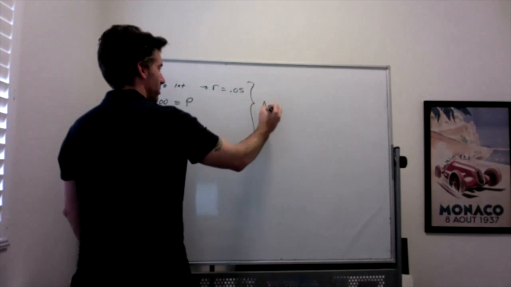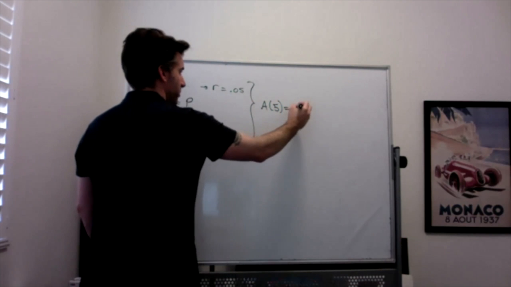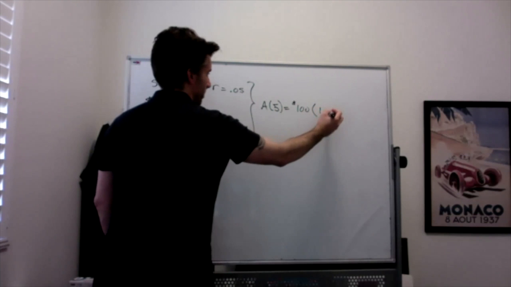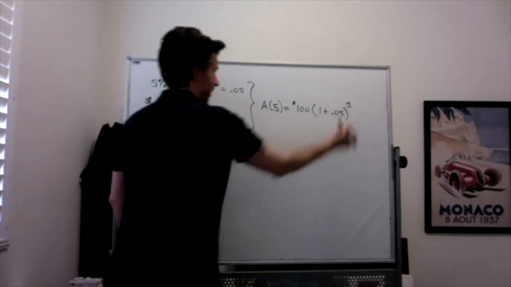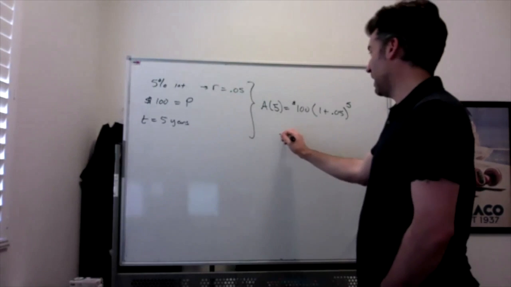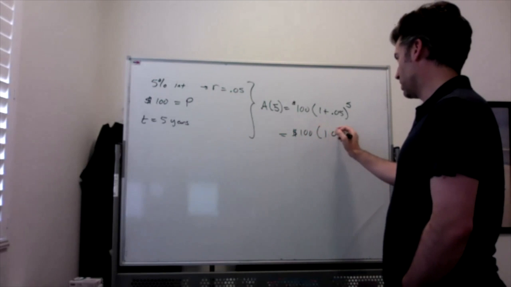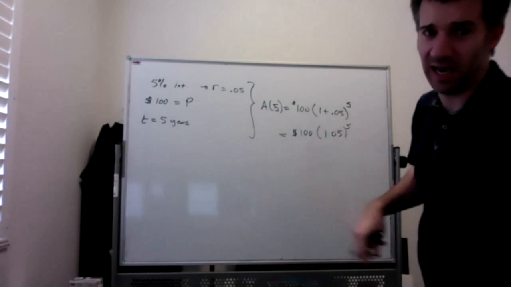So my amount after 5 years is going to be my principal, which is $100, times 1 plus my interest rate, which is 0.05, to the 5th. Simplifying just a tiny bit, that's $100 times 1.05 to the 5th power. 1.05 to the 5th power is not something I'm good at calculating, right?